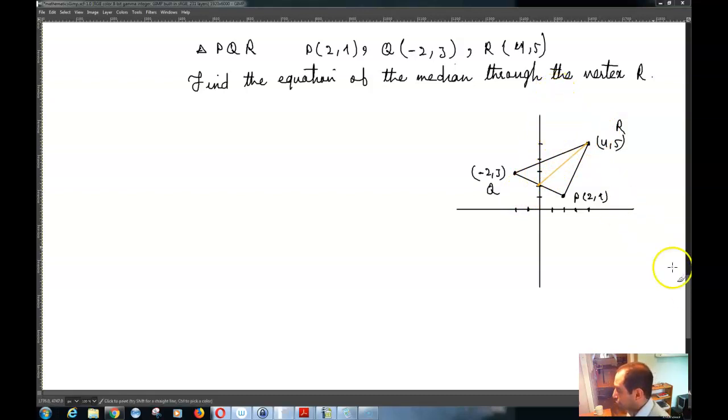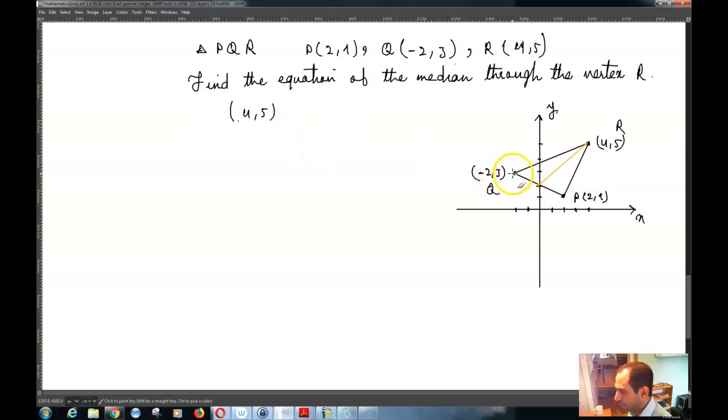So what you need to do here is, this line has basically 2 points. One of the points is 4, 5. The other point is the midpoint of these two points.